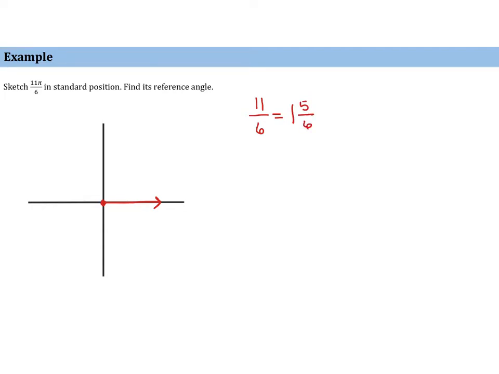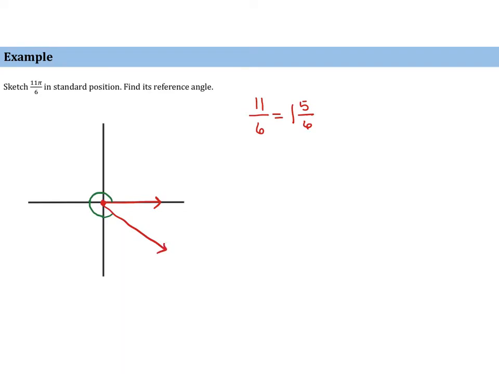So as we look at our angle 11 pi over 6, we're looking at 1 and 5 sixths of a pi. So this is 1 pi. Now we want 5 sixths of a pi more than that. So 5 sixths is more than a half, but it's not quite a whole other pi. So therefore, we land somewhere in the fourth quadrant.